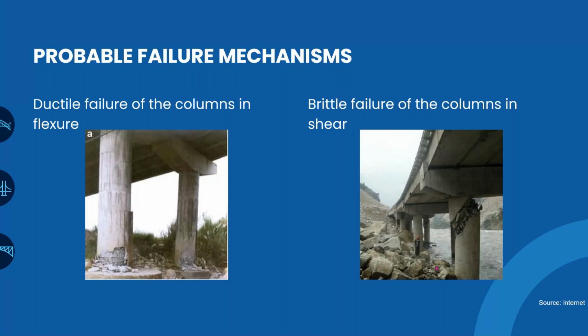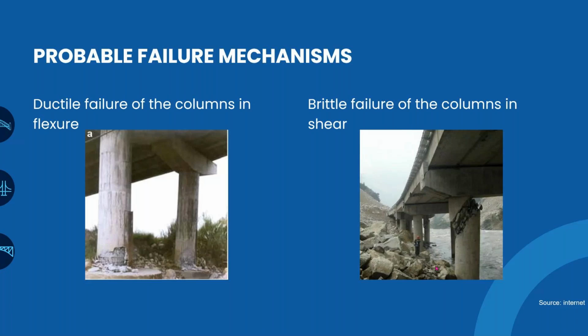The probable failure mechanisms should be known prior to modeling or designing any structure. These are some of the probable failure mechanisms that we have seen in past earthquakes, and we can predict that such failure mechanisms would be possible in upcoming scenarios as well.